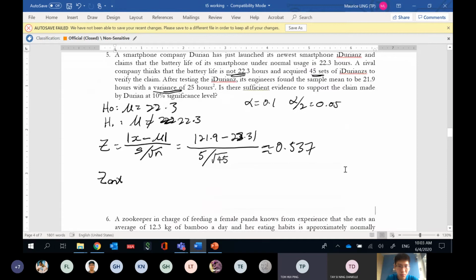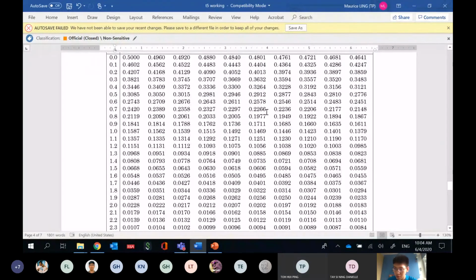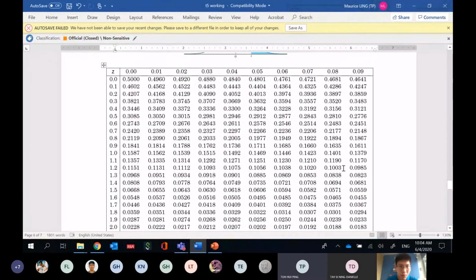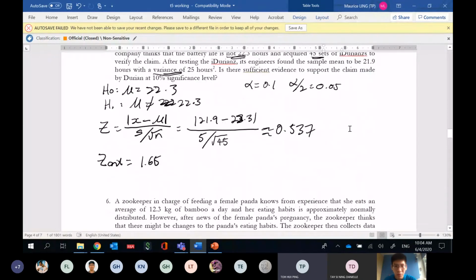Then it will be 1.65, not 1.2 something. 1.2 something is actually for 0.1, so you were actually correct in that case, 1.28. But we are looking for 0.05 instead, so it's 1.65. Anyway, you get a few mistakes, but it's fine.